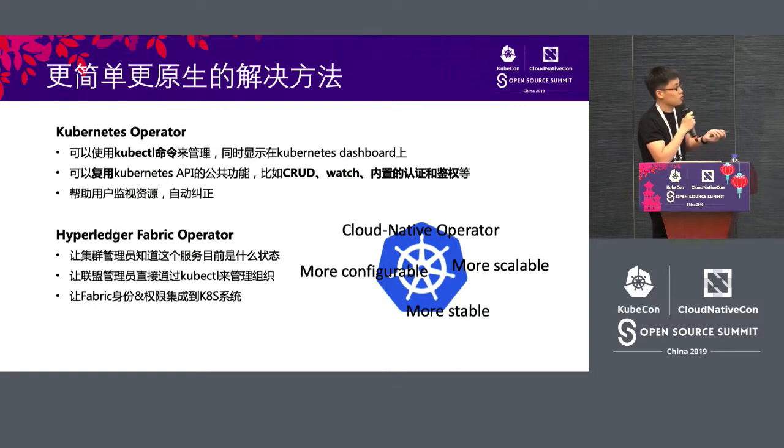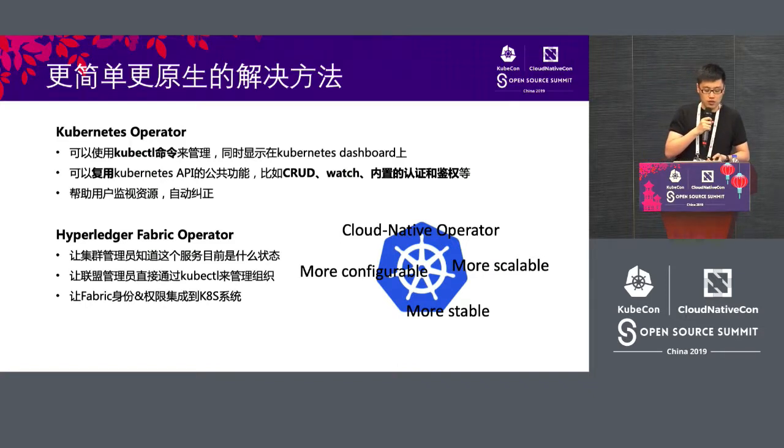So what benefits can it bring to the customers? Via kubectl, it can manage the self-defined resources, and also it can have access to look at the status of Kubernetes. The different functions can be realized, like CRUD and watch.